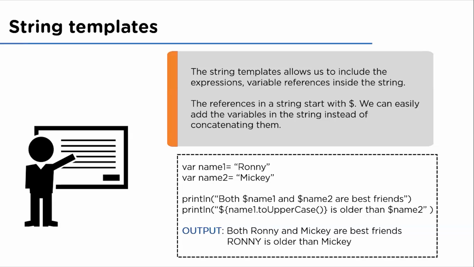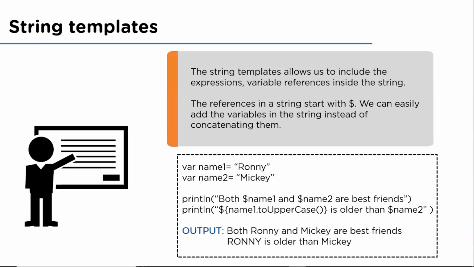For example, here name1 and name2 are two strings and we can include them together within the same sentence while printing like both $name1 and $name2 are best friends. It will display the value of string within the sentence.